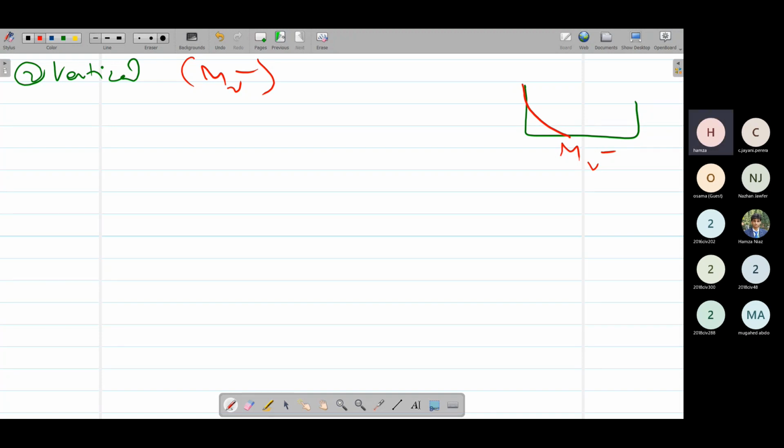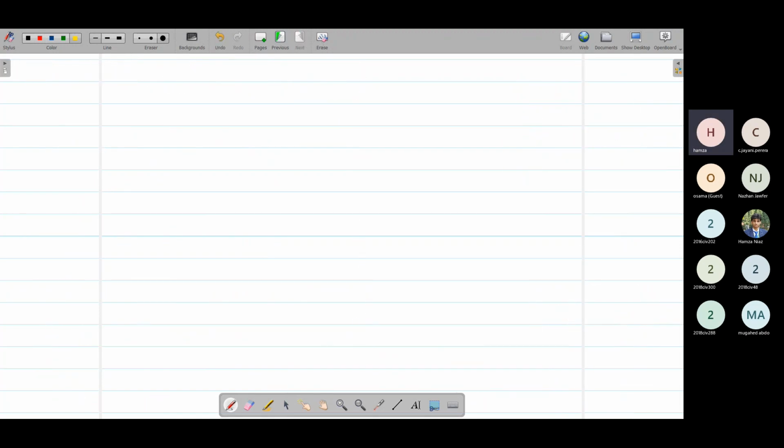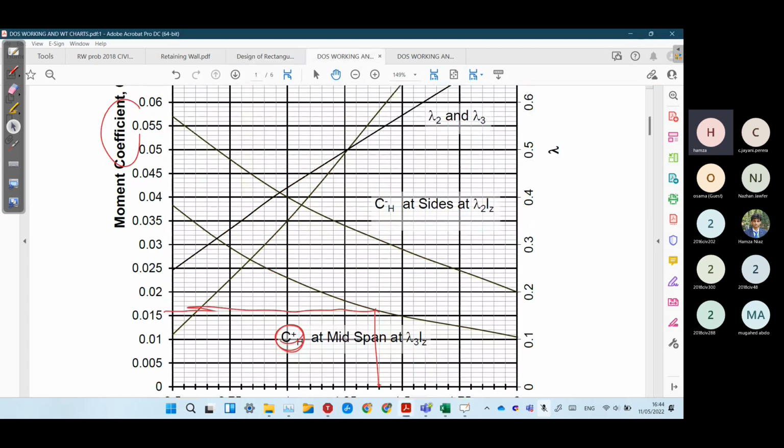We have designed only positive here. Now we have to design the negative moment for horizontal before moving towards vertical. MH negative is equal to CH negative times P times 3.6 square. CH negative we can get from these curves.